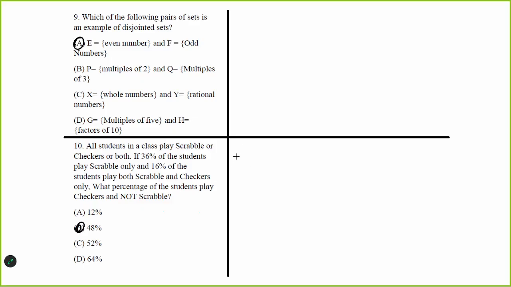Or what you can do is, we know that 100% is equal to the number of elements for Scrabble only plus the number of elements for checkers only, add the number of elements for both.